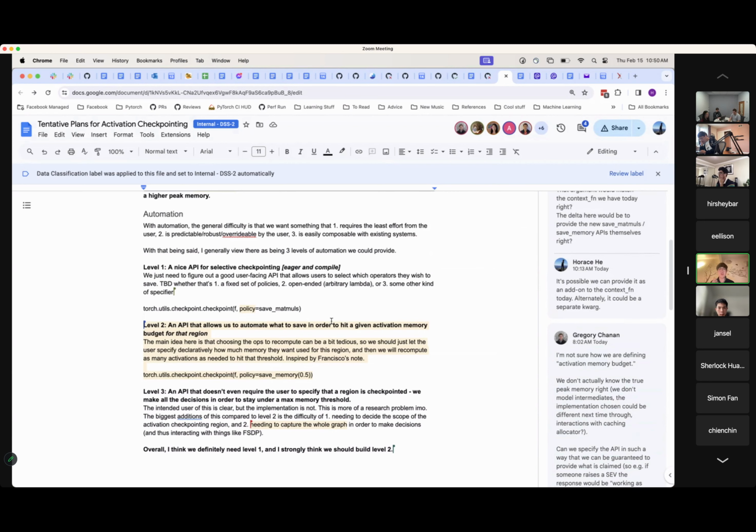It is possible to make this work, maybe, but I pushed back on this because it wouldn't work for things like selective checkpointing, and it wouldn't really work for level 2 APIs that allow more automation. So my general push here is that I don't expect graph breaks within an activation checkpointing region to be a big deal.